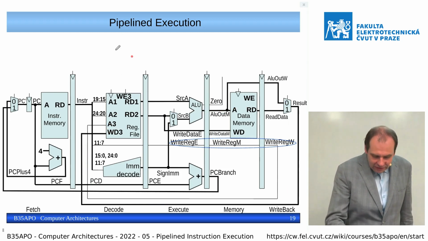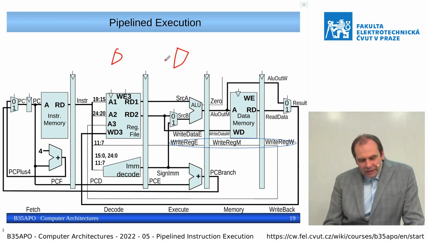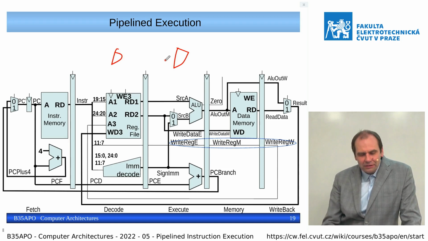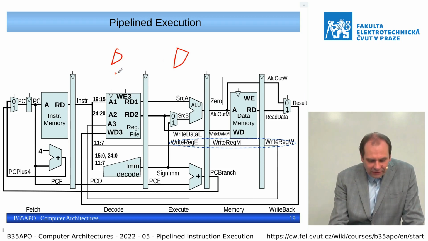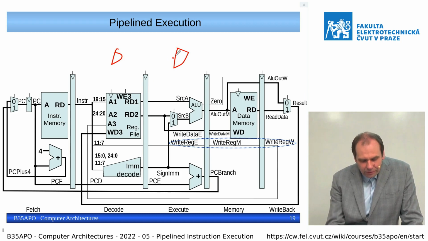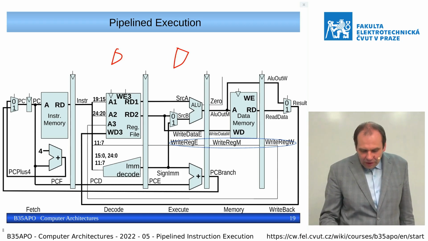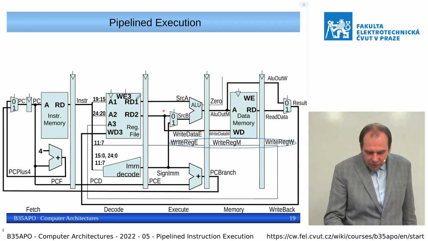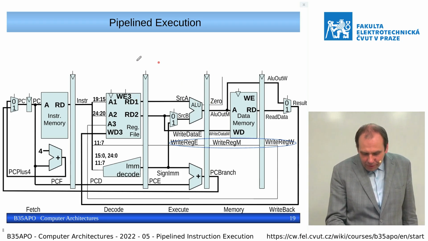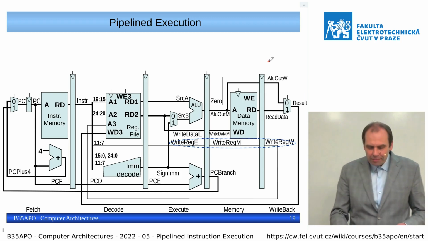So one is in the decode stage and one is in the execute stage. So in this way, we have in fact a natural delay, when the next instruction which needs data is 1 clock after the previous one which generates the data. But even that is not enough because data are not there when we pass the instruction to the next stage. We will see examples of this.